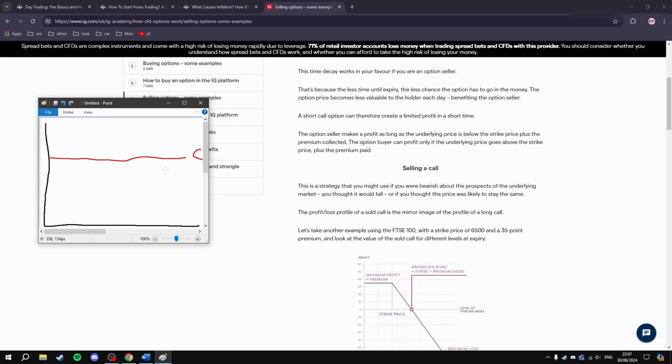So strike price, underlying price, strike price. So would the strike price for shorting a call option be above or below? The call option will be above, right? So the call option will be here. So this is your strike.